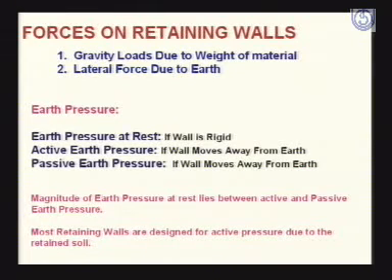If there is any movement, either it will be away from the retained material or towards the retained material. If this movement of the wall happens to be away from the retained material, then the earth pressure will be called active earth pressure.